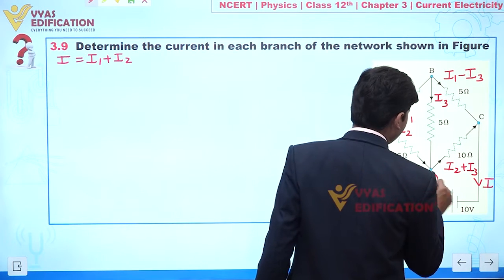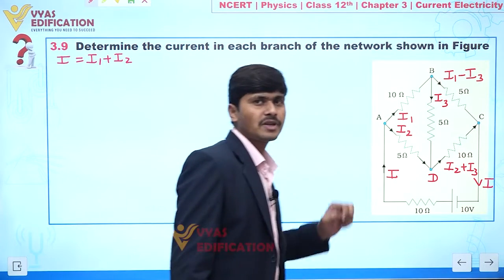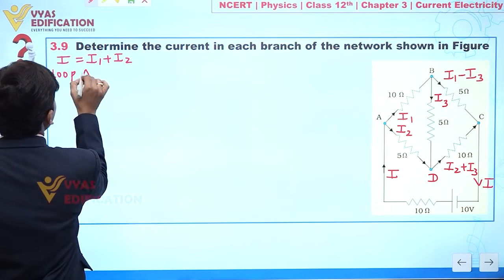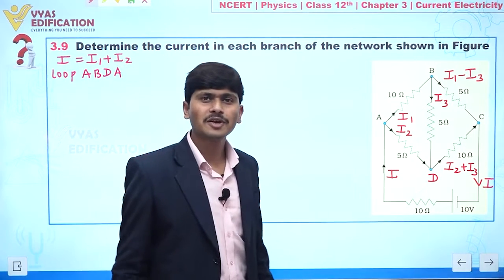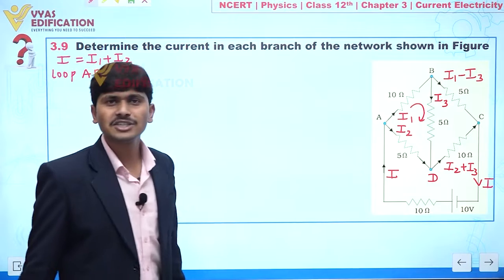Clear? Now if we talk about a loop, I can say A, B, and let's suppose this is D. So I am saying loop A, B, D, A. Let's suppose I am going in the clockwise direction like this, so I can apply Kirchhoff's voltage law.